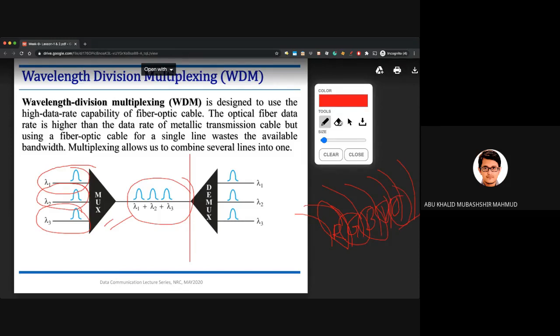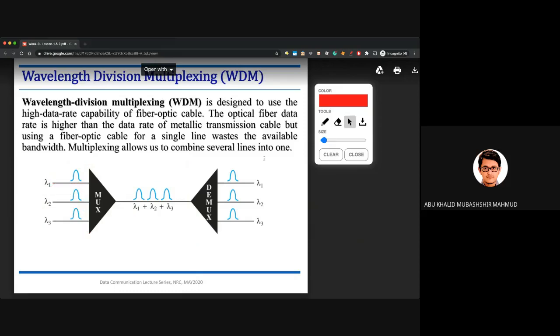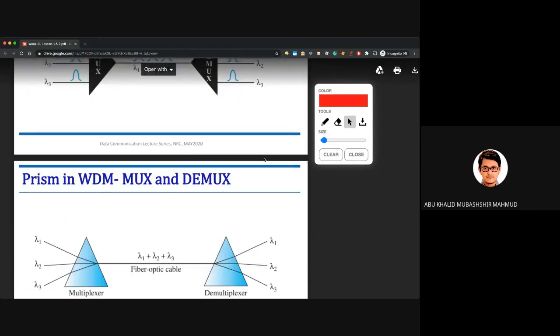So this is what happens when we use this wavelength technique. We combine these wavelengths into a single transmittable process, and we send them to the receiver. They receive them and process them into separate wavelengths. So let's move on forward.